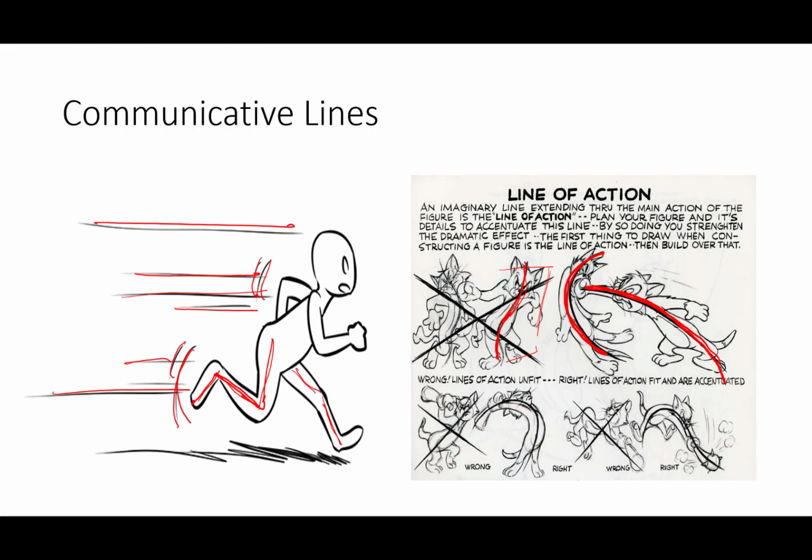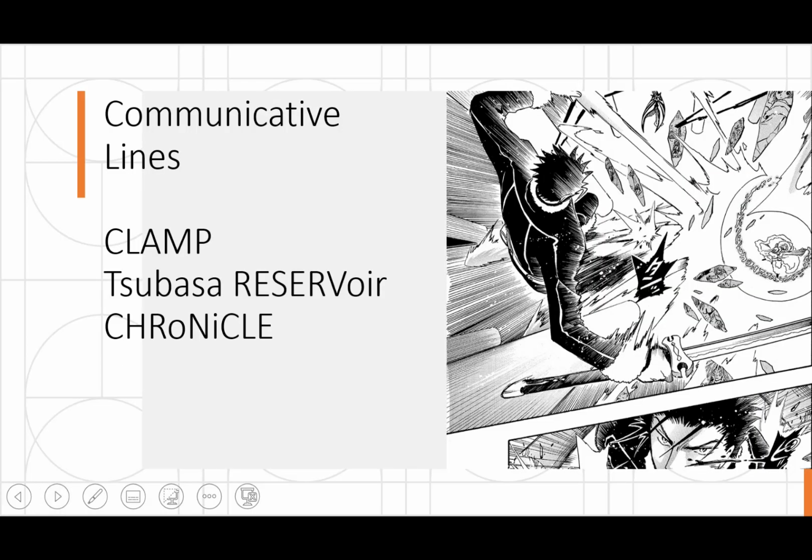An example of that here, this is from a graphic novel by Clamp, and this here is an explosion, and then you have the lines coming out, which then directs our eye line to the person being thrown back. And you get that, right?